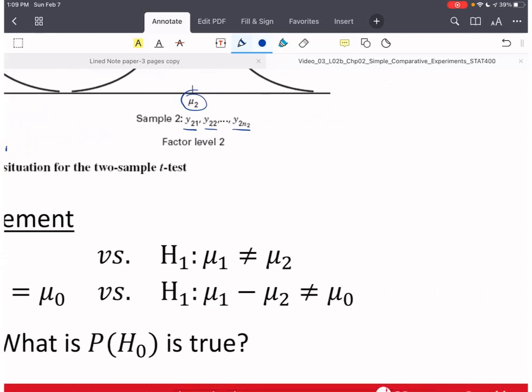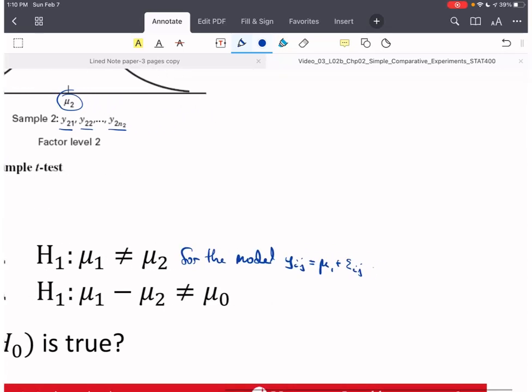And we could add to this the model, Yij is equal to mu I plus epsilon ij, I equals 1 to 2, j equals 1 to n I, and then alpha equals 0.05.